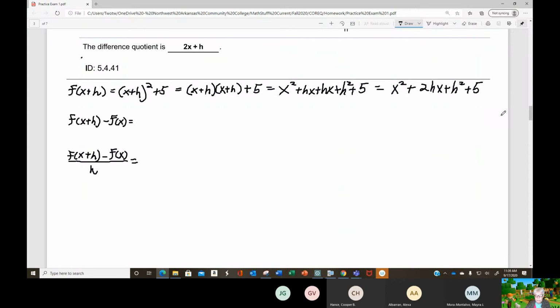Okay, now that we've got f of x plus h, we're going to write down f of x plus h, x squared plus 2hx plus h squared plus 5 minus parentheses x squared plus 5.